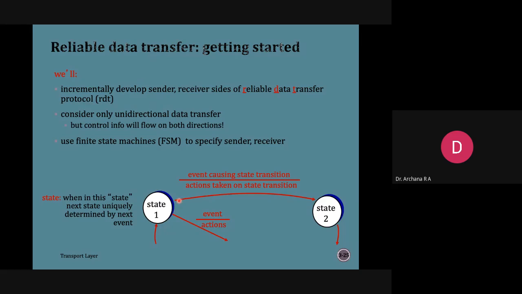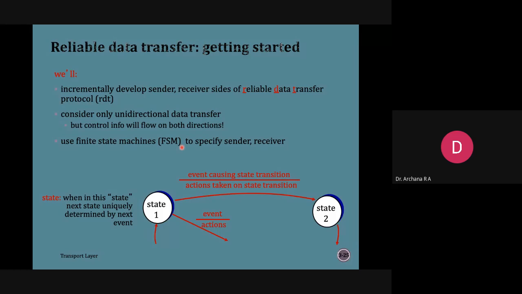Here, whatever communication is taking place is said to be unidirectional, but the control information will flow in both directions. For the data transmission, the sender is always the sender and the receiver is always the receiver. The sender has to send the data, and the receiver has to receive the data and send the acknowledgement or negative acknowledgement.